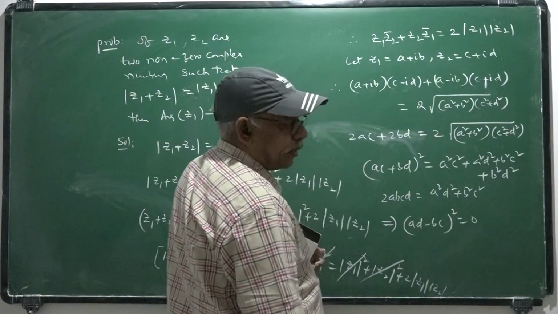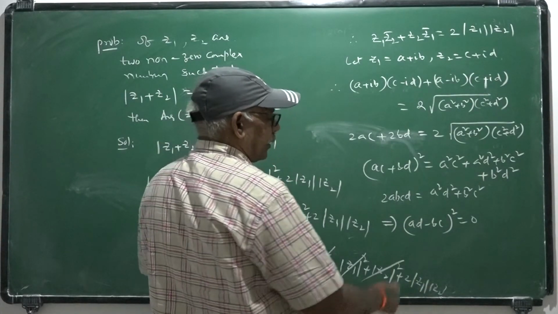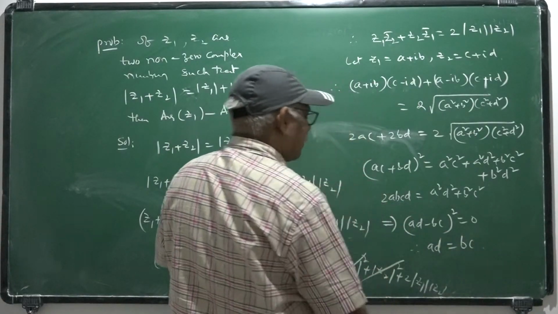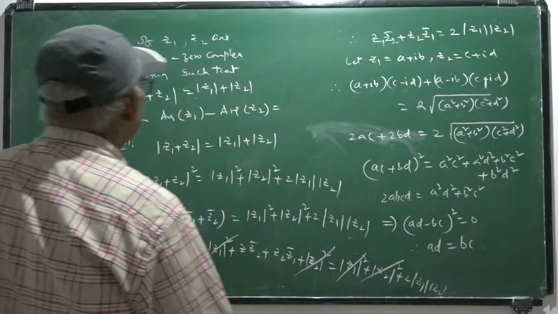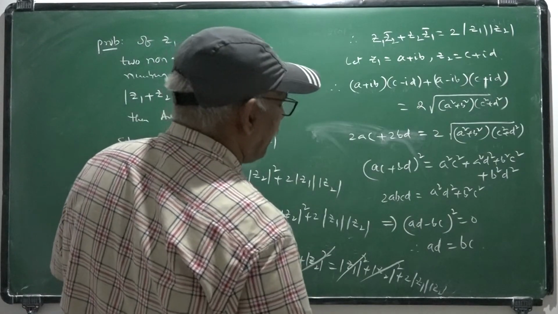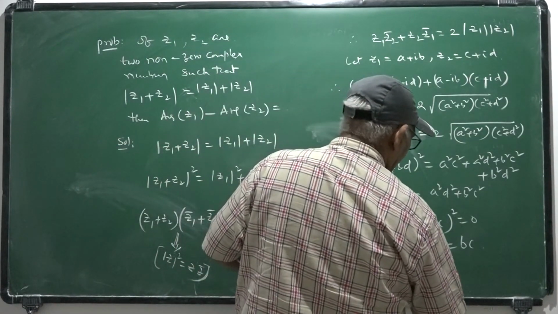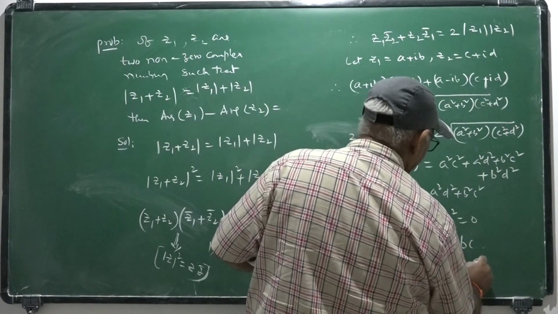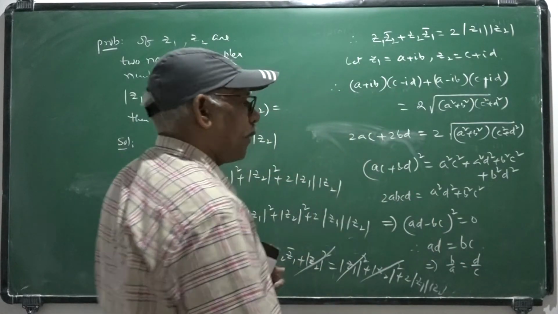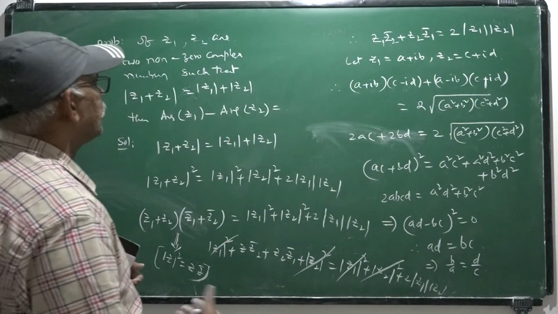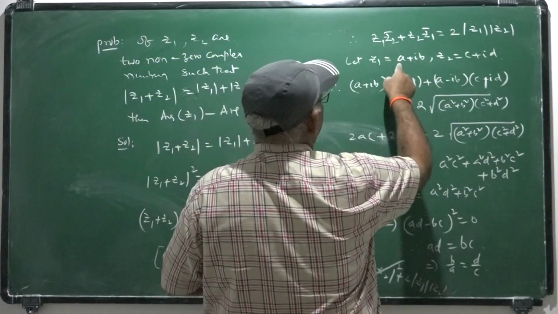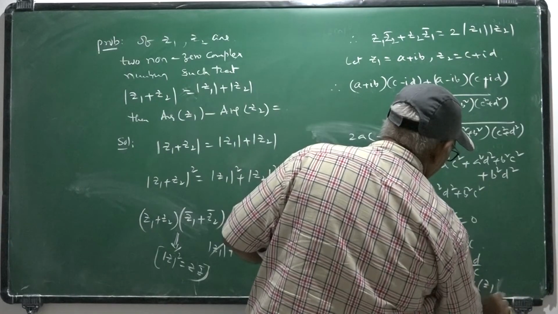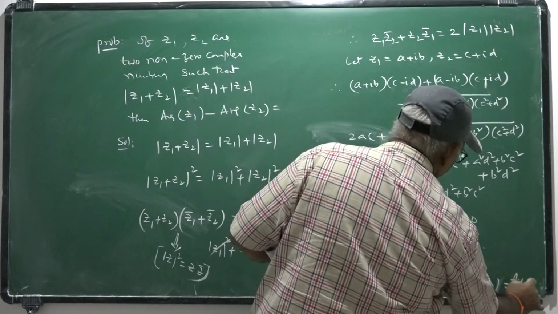Once you make it a perfect square, ad minus bc equal to 0. ad takes the value bc. So b by a equal to d by c. b by a means argument of z1 is the same as the argument of z2.